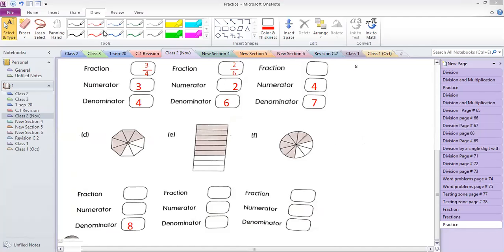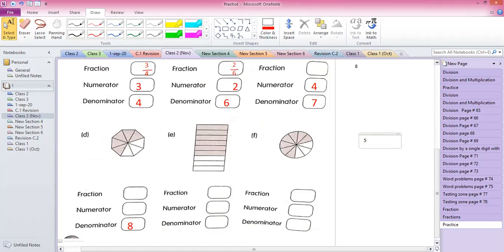Let me check. The numerator shows the number of parts that are shaded or taken. 1, 2, 3, 4, and 5. So you're right. The number of parts that are shaded is 5. So its numerator is 5. So we will write 5 here.